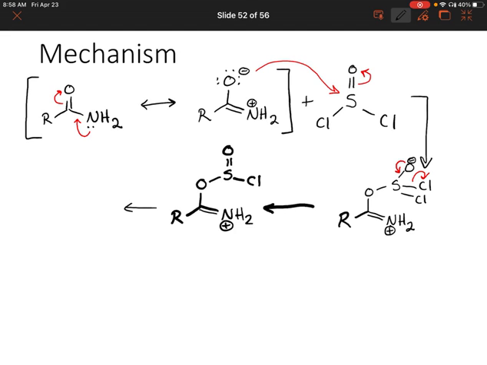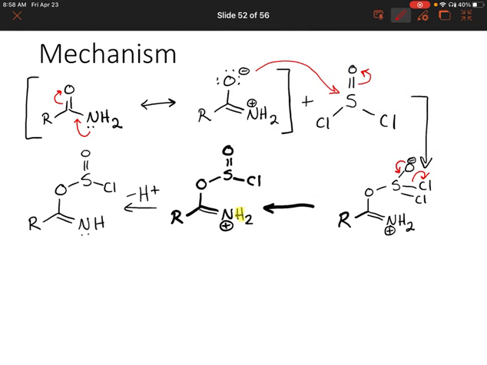So we can just write minus H plus here. And I'll just highlight the hydrogen that we're losing. Okay, so now nitrogen is neutral again.